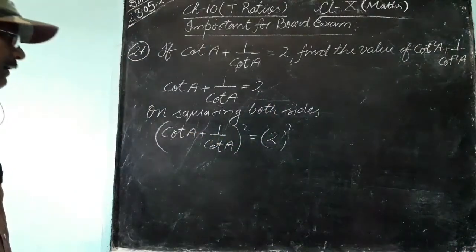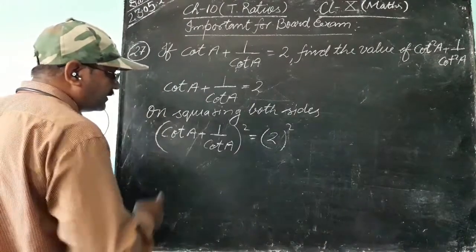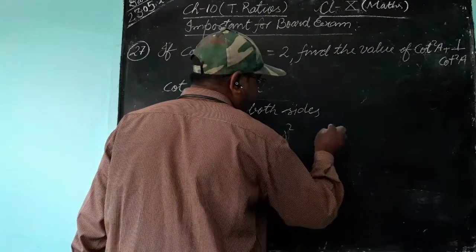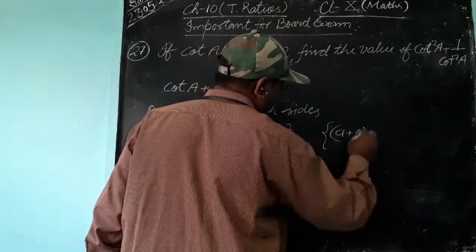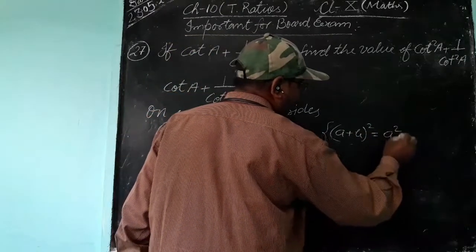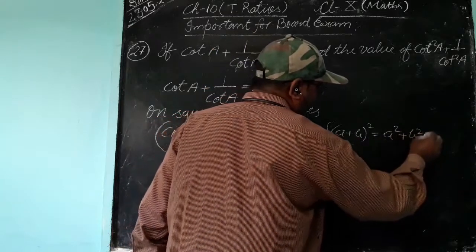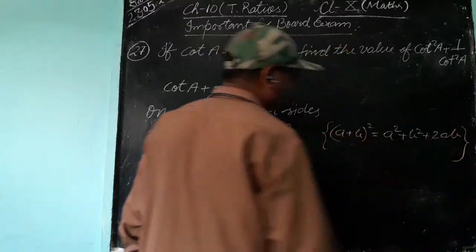Now here you will use the identity (A plus B) the whole square is equal to A square plus B square plus 2AB.